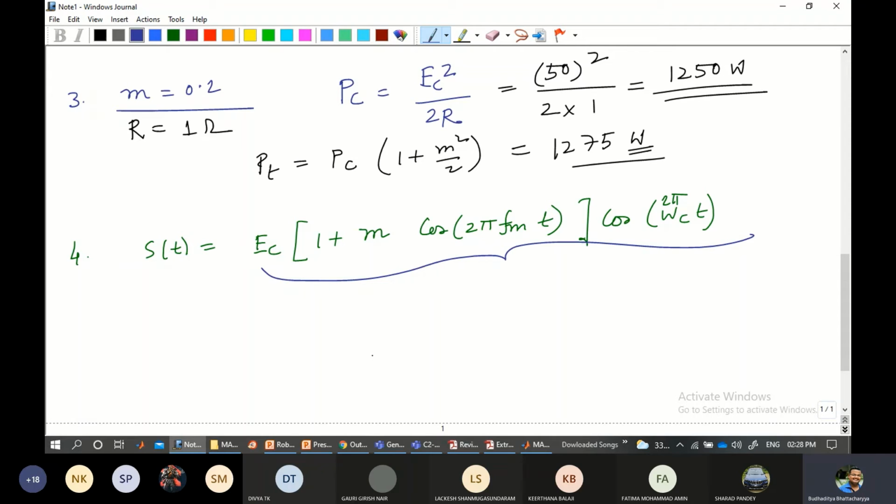Where have we used this particular format of output generation? Sir, in the modulator? In a modulator, but we have discussed the AM modulator, and we have used the SSB modulator.